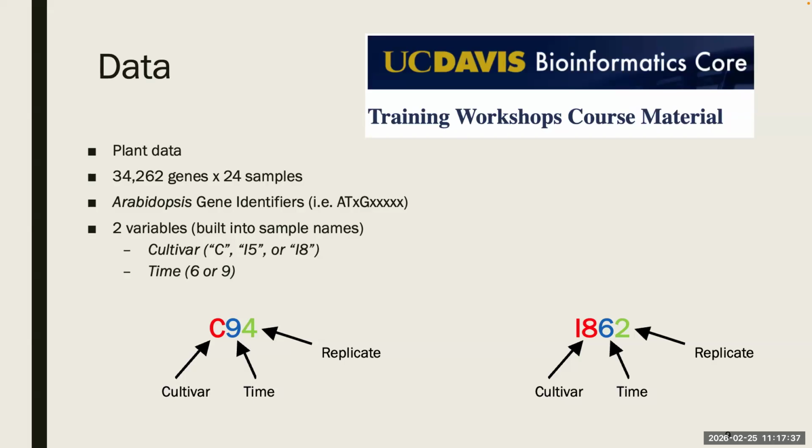The first letter is the cultivar. It can be either C, I5, or I8. And the second number is the time. It can be either 6 or 9. And the last number is the replicate, ranging from 1 to 4. So that would be the end of the lecture portion.